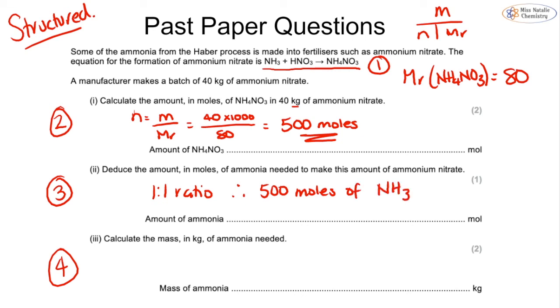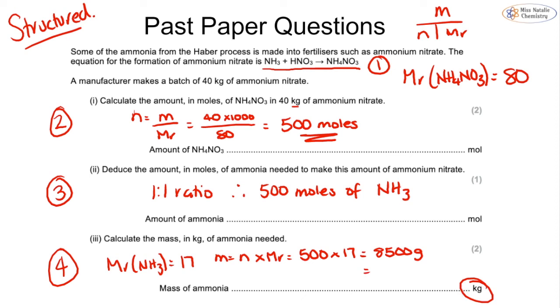Lastly, we want to calculate the mass. Well, we need the MR of ammonia, which we can determine to be 17. So our mass is equal to the number of moles times the MR, which is 500 times 17, giving you an answer of 8,500 grams. But we want to convert it.